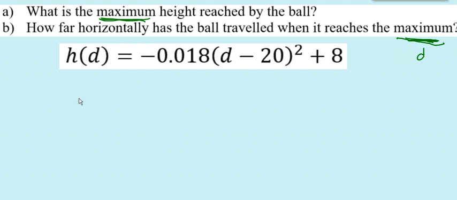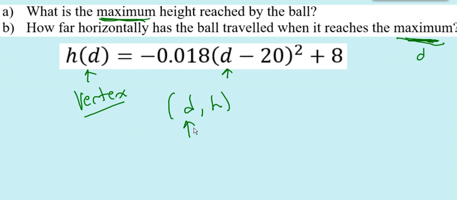So they're both about the maximum, so both of them are asking me to look at what's the vertex. When I find the vertex, I'll find a point. Now, normally that point would be X, Y, but obviously there's no X and Y here, so it's D and H. So when I find the vertex, I'll have the distance horizontally traveled and the maximum height.